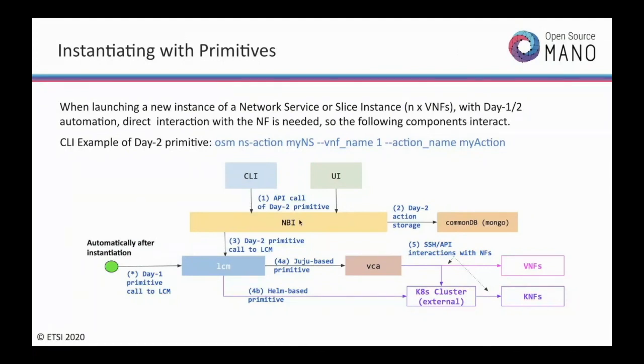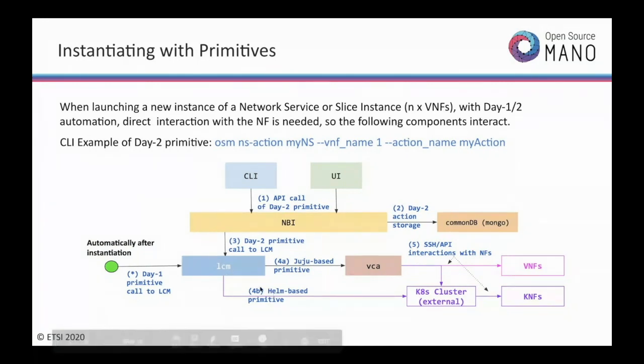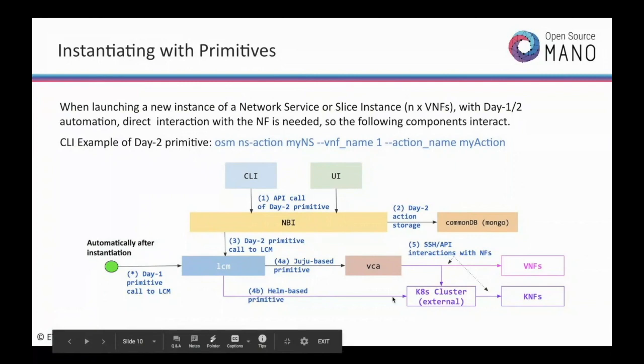They are stored in a common DB, and then they are requested to LCM. If the day 2 primitive uses the main path, I mean, it's a charm, then it goes through VCA in the same way as the day 1 primitive. And if it's Helm based, then the specific Helm upgrade case, it goes directly to the Kubernetes cluster.